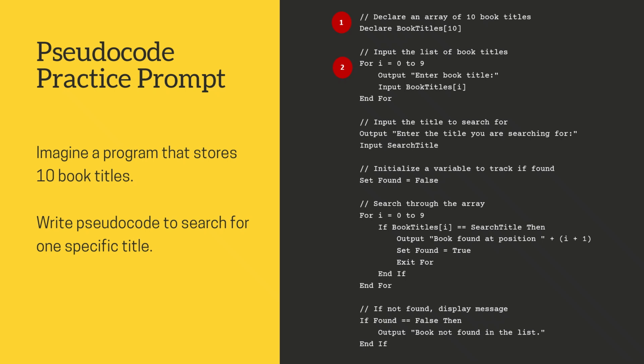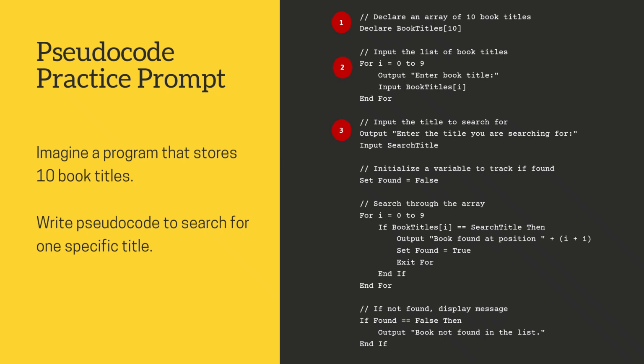After this step, the program is going to have a list with content like The Hobbit, 1984, Pride and Prejudice, Moby Dick, Hamlet, The Great Gatsby, and so on, Dracula. It's going to have a list of 10 book titles. This is the collection of books that the program is going to search through.